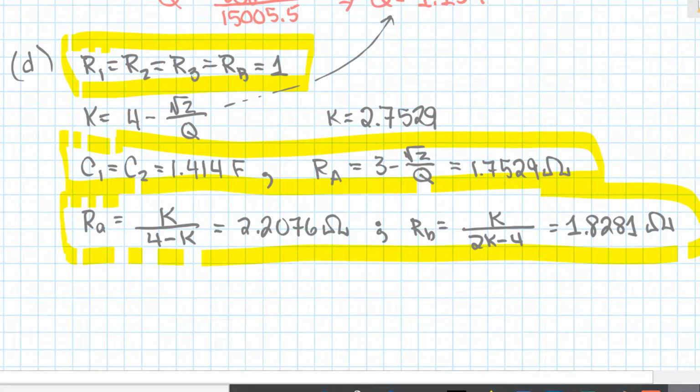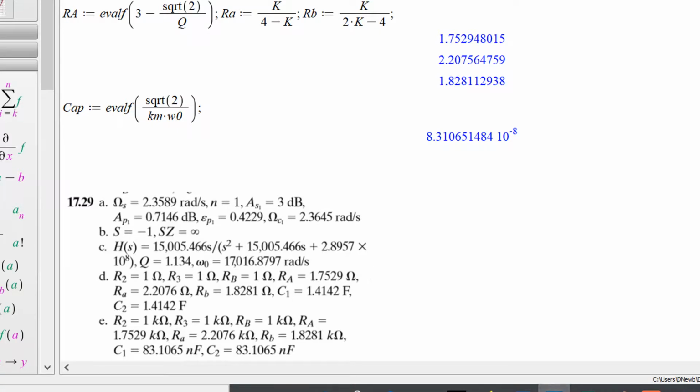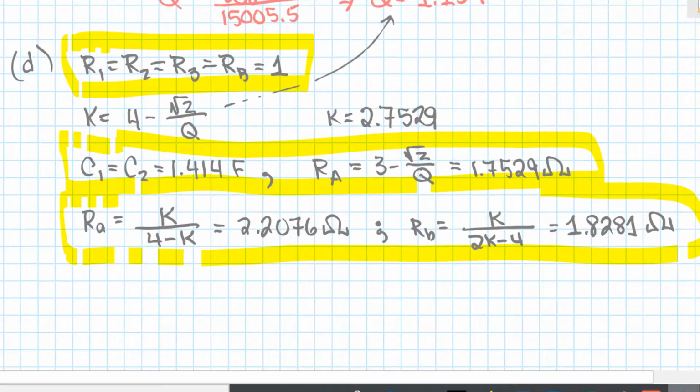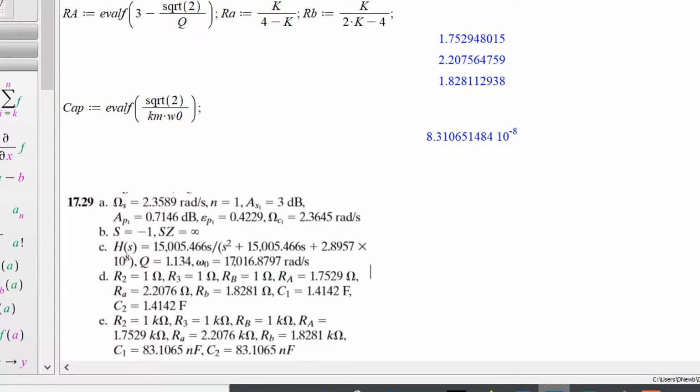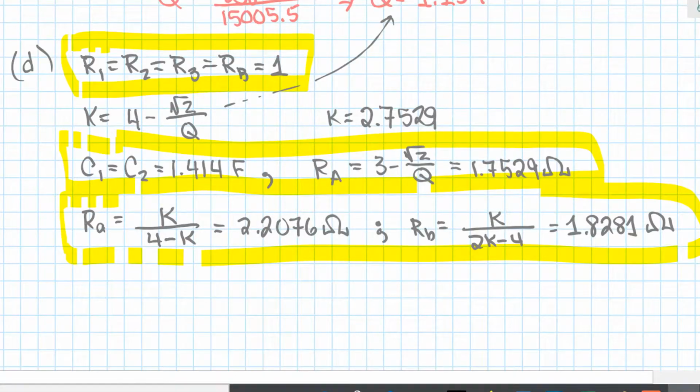C1 and C2 are 1.414. Yeah. RA 2.2076. Yep. And R sub B 1.8281. Yeah. Okay. And then the last part is just applying magnitude and frequency scaling.